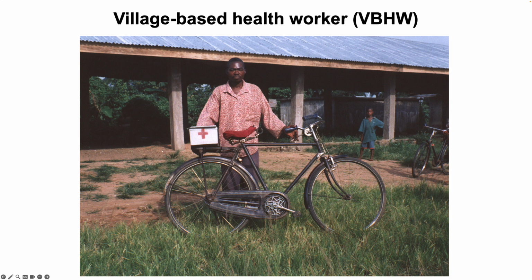Each VBHW is assigned a group of villages that they visit regularly, where they routinely do health education, distribution of filters, they administer first aid when they find cases, and they document and report those cases when they occur as part of surveillance efforts.